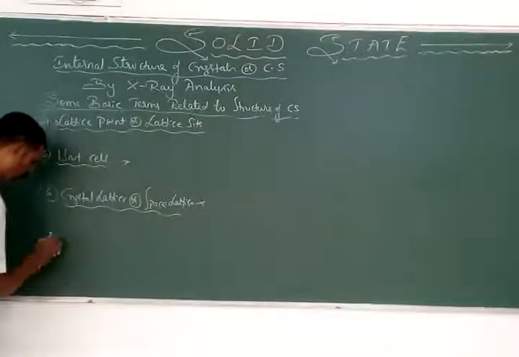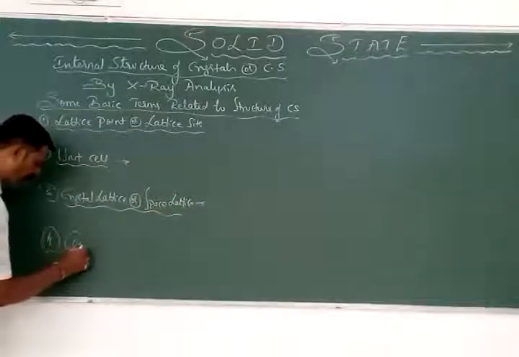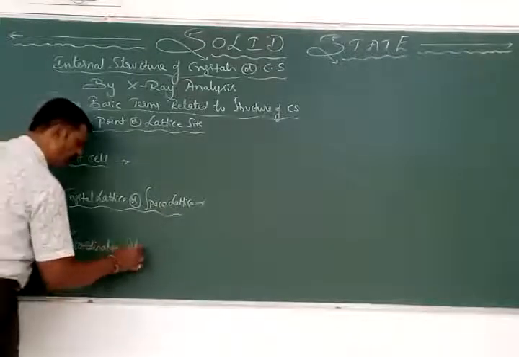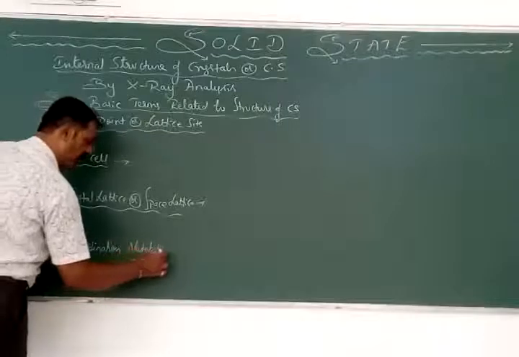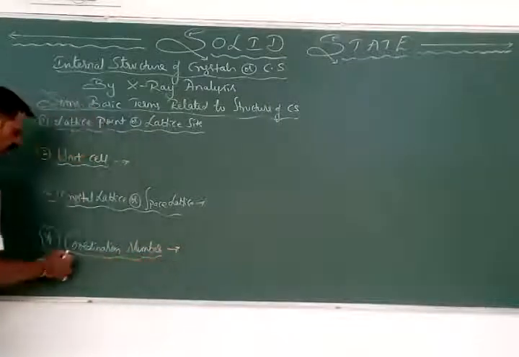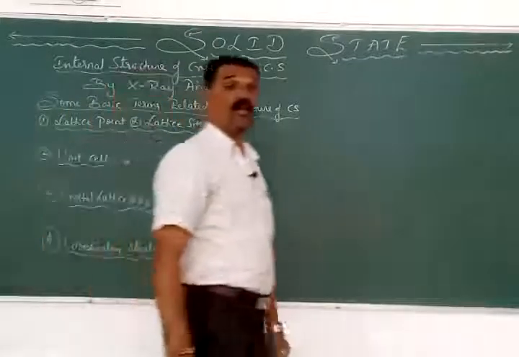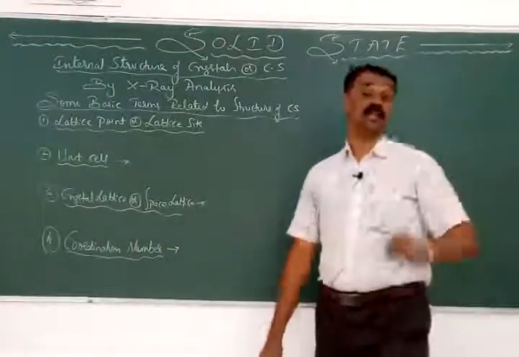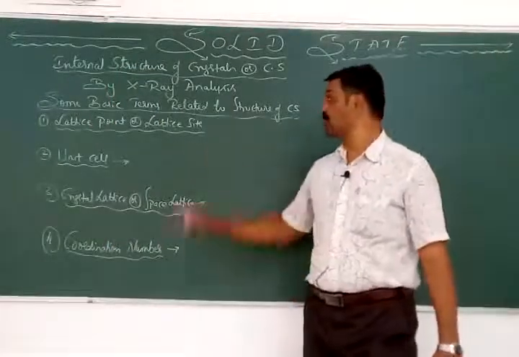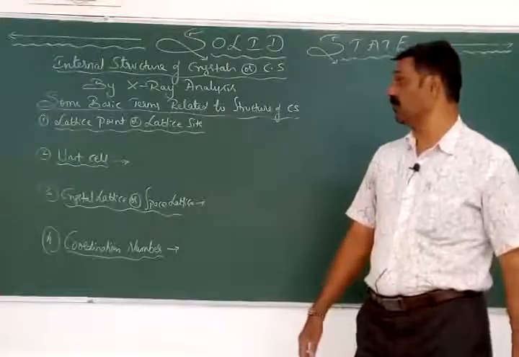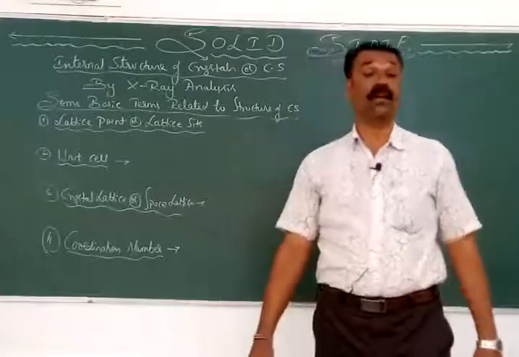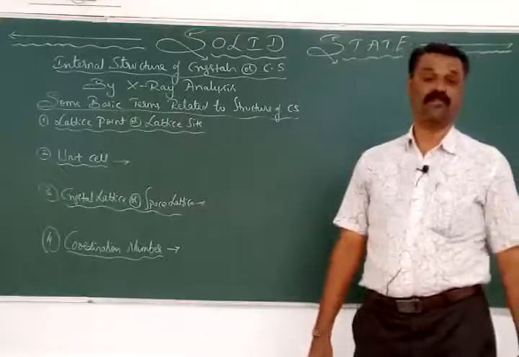And finally the fourth one is the coordination number. So these are the basic terms that you have to study when you are observing the internal structure of crystalline solids. That is, what is a lattice point or lattice site, a unit cell, a crystal lattice or space lattice, and finally the coordination number.